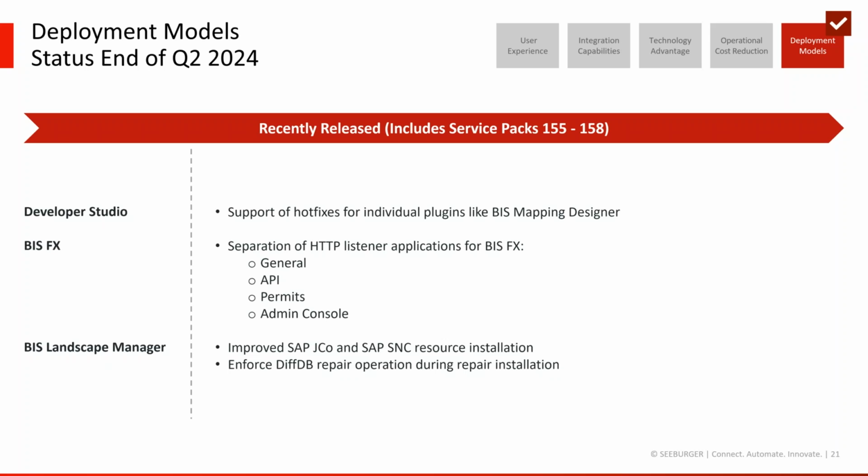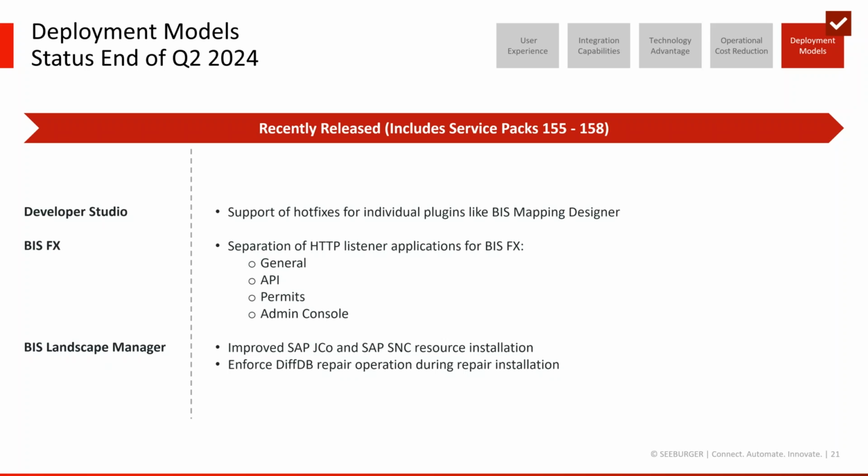For the BIS file exchange, we have separated the HTTP listener applications. So that means that the 4 different types of listener applications here can be associated with external or internal listeners more easily. So it's possible, for example, to expose the admin console only on an internal listener.